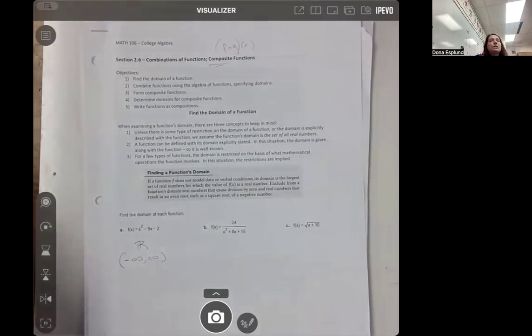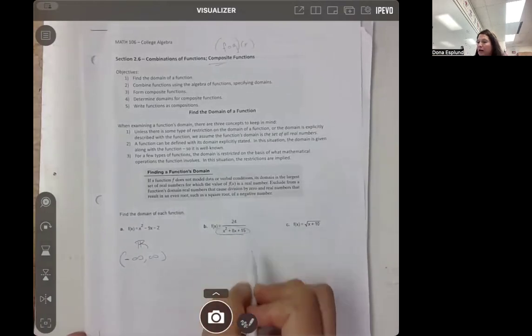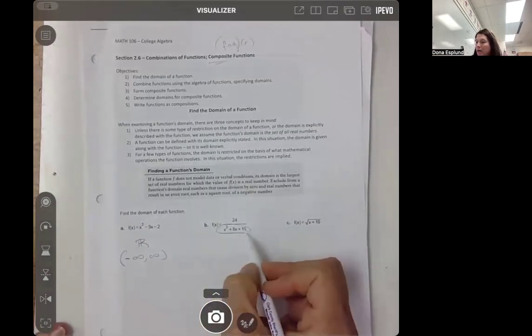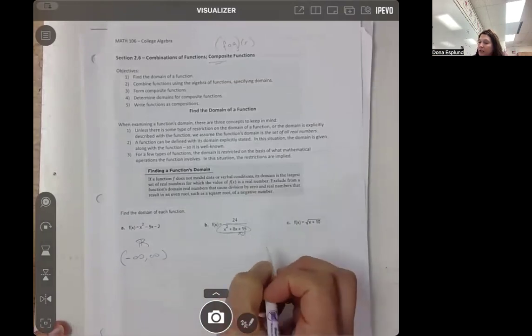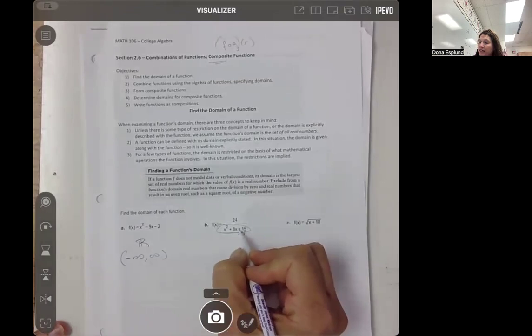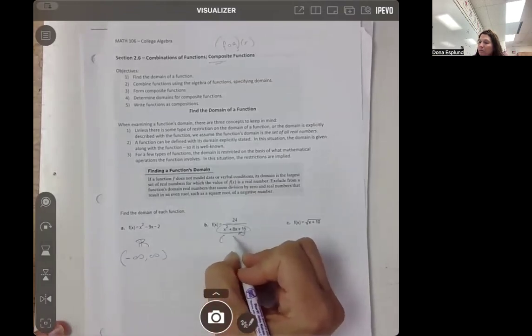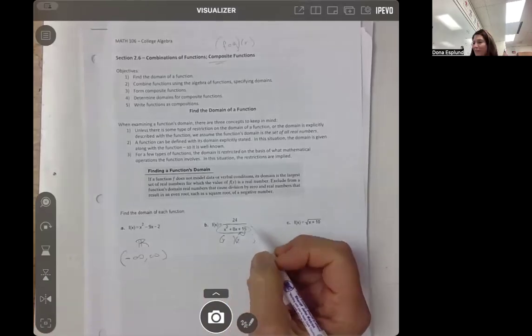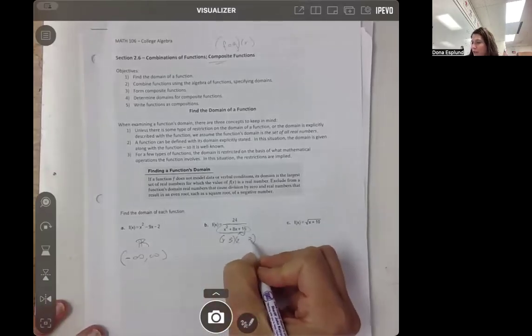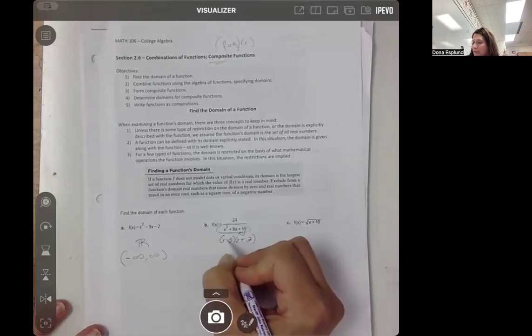What do you suppose is going on with the bottom? If we factor, we look for the factors of 15 that add up to 8. You would probably be able to factor that, correct? The factors of 15 that add up to 8 would be 5 and 3, and this time they're both plus.